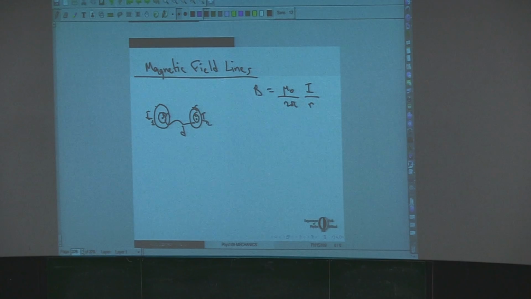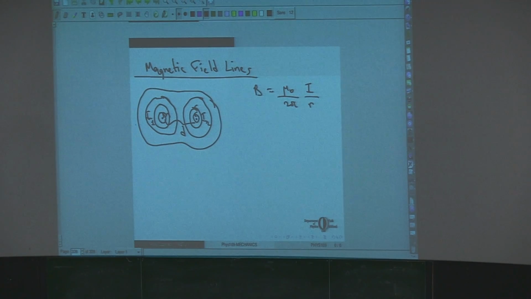So they will start to be deformed. You will get magnetic field lines like this, and eventually like this. Somewhere over here, you will get something like this. These are how the magnetic field lines will look.